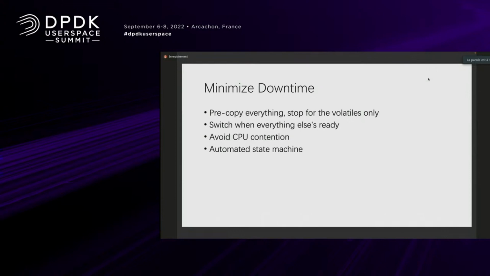We need to notice that the devices and other sockets are huge if you have many ports there, so it takes a lot of time. We can just do the pre-copy, and then make sure the switch happens. The data path switch happens when everything else is ready.